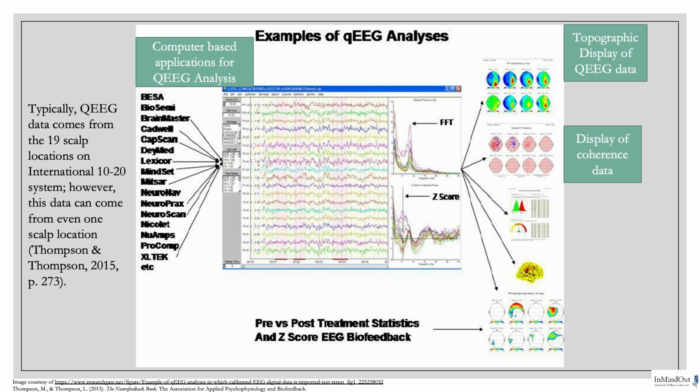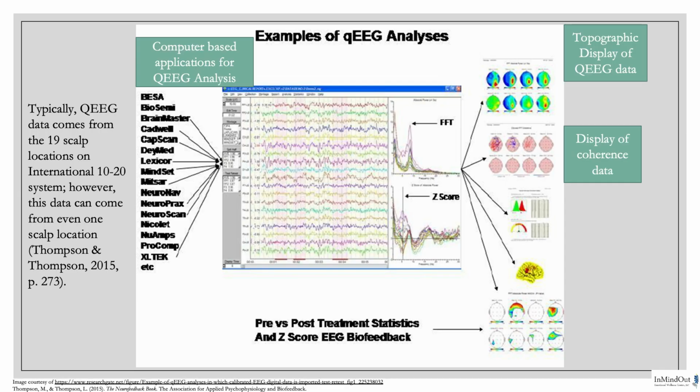Here's an example of a NeuroGuide screen. Here on the sides, we have all sorts of different quantitative metrics that help us in looking at the brain activity. For example, this FFT, the fast Fourier transform, tells us what the posterior dominant rhythm is.